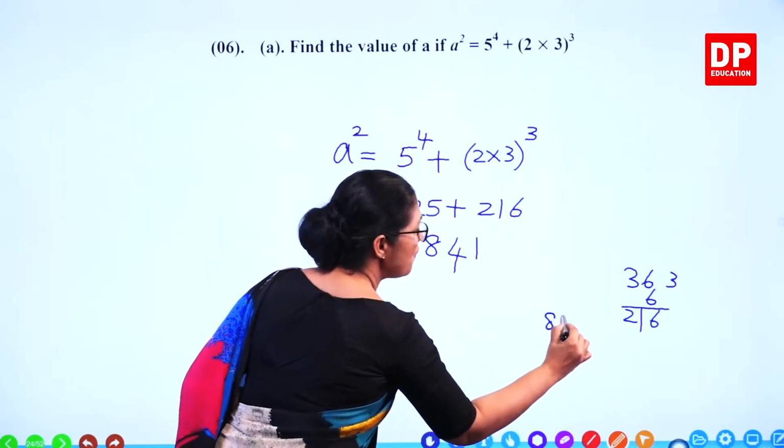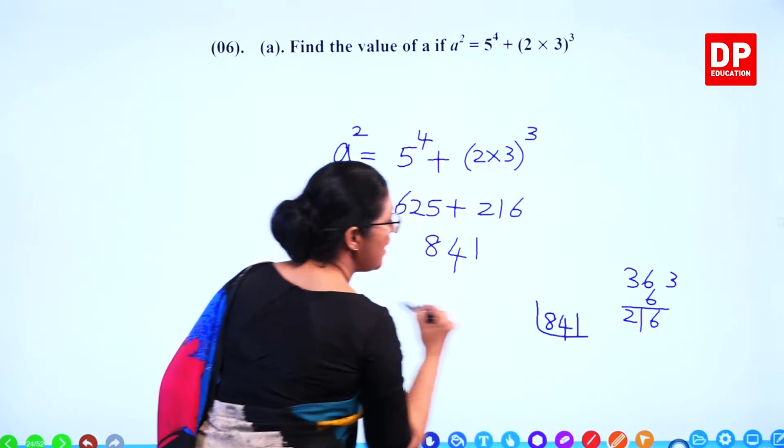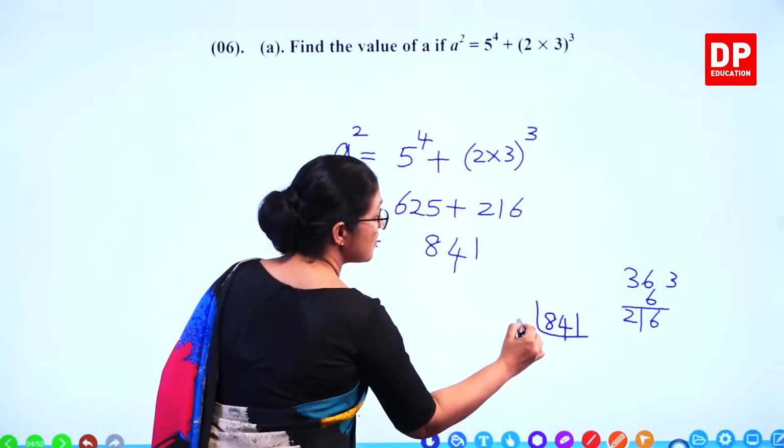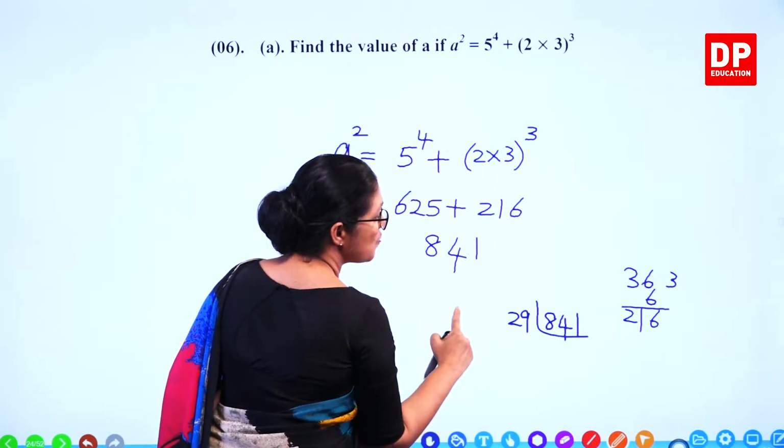Now, if you can't figure it out, you can divide by numbers and see. So what's the number? This is 29 times 29, no?